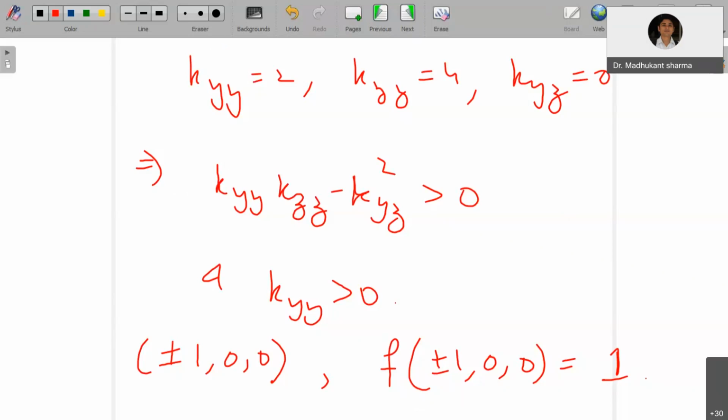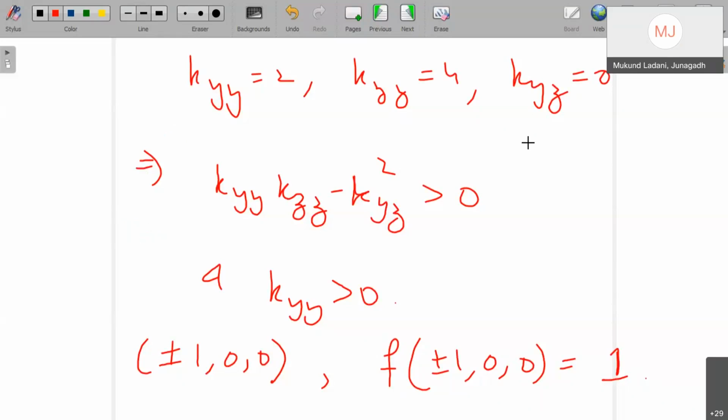Sir, can we use tangent and normal for finding this point? We are coming to that. The method of Lagrange multiplier will lead to that.